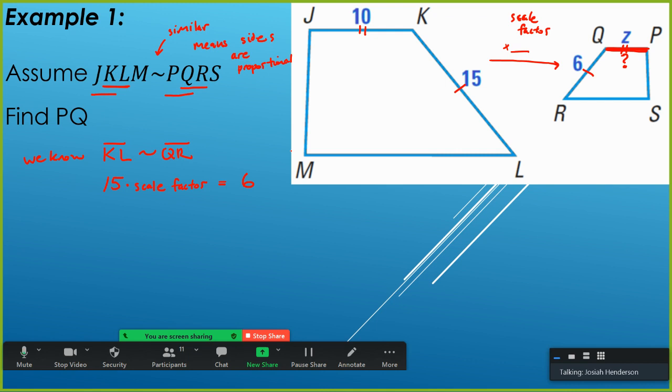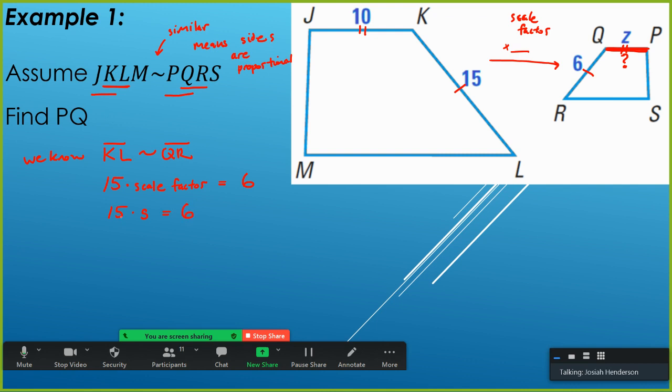I'm just comparing matching sides together from one image to the next because we know some dilation made the small image from the big image. So 15 times the unknown scale factor is equal to 6. Well, if I solve this equation I've just made backwards, I'll go ahead and write it as S just to make it a variable, make it look more like normal math.